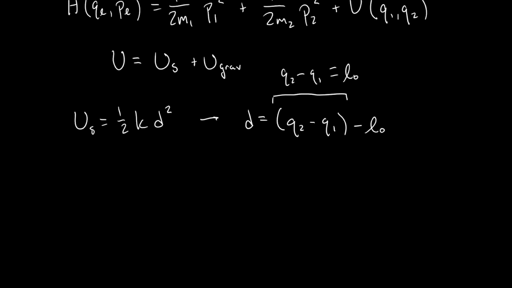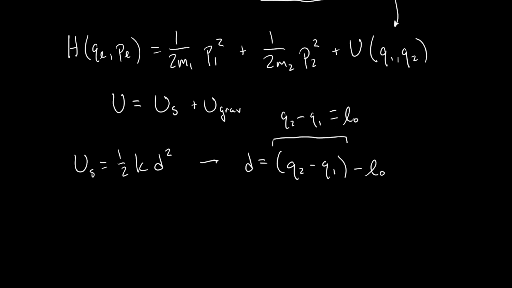But it's completely unnecessary, right? Because we know that we can just shift either Q1 or Q2 by an amount L naught, or we could shift both Q1 and Q2, whatever. It's just a constant shift, so it's not going to have any effect on our kinetic term, namely these guys. So we're completely free to define Q1 and Q2 so that d is just Q2 minus Q1.